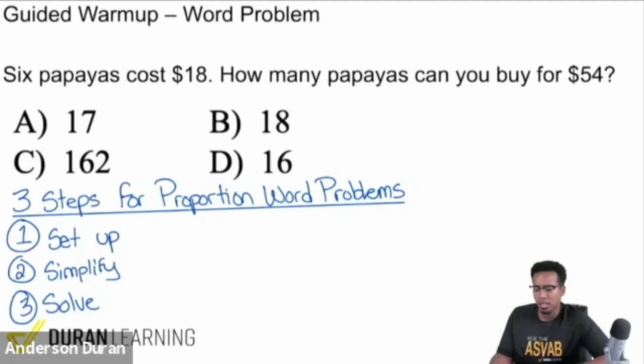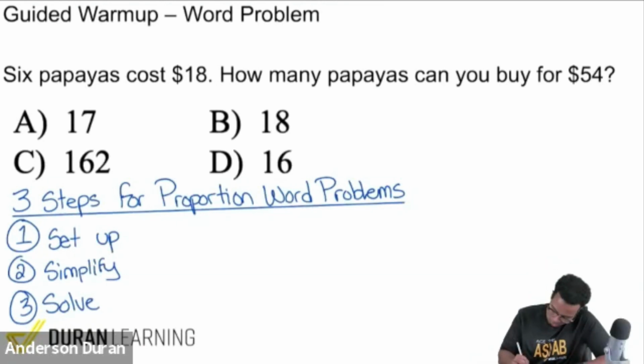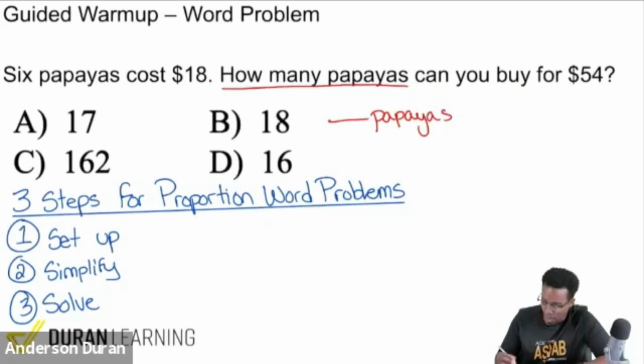Right, so Aldine, Adam, Marie, Mario, Peggy, papayas, the amount of papayas. Okay, so what is that amount of papayas connected to? So I'm going to say it's right here. So how many papayas? So blank papayas for $54. That's right. It's connected to the $54. So for $54.